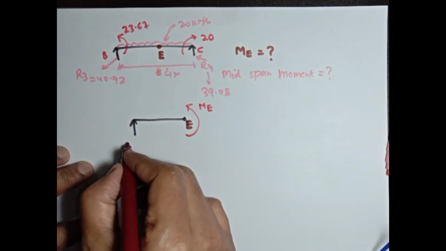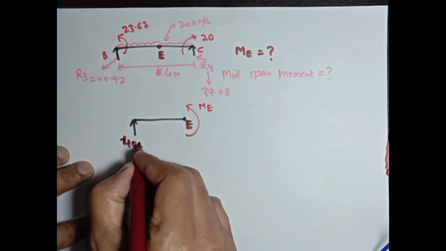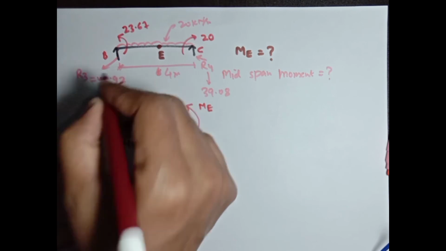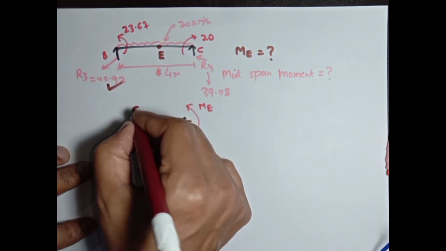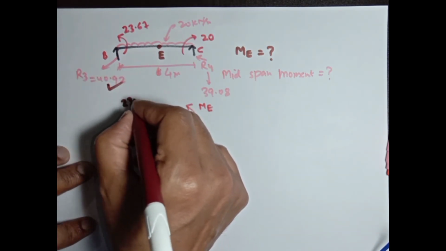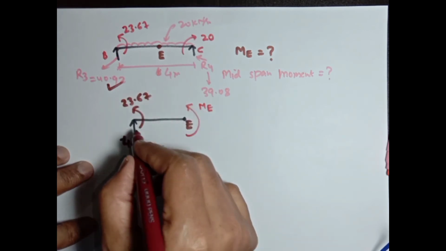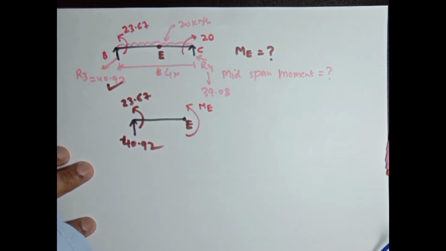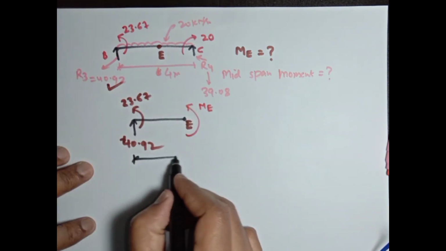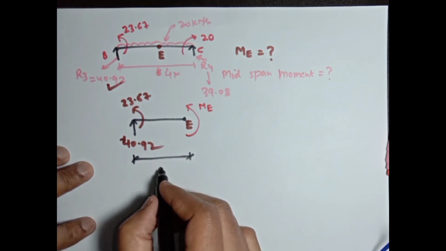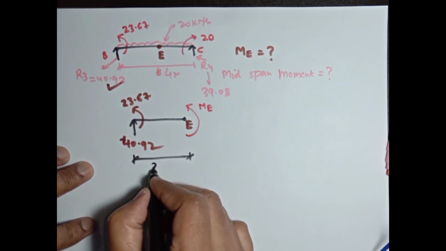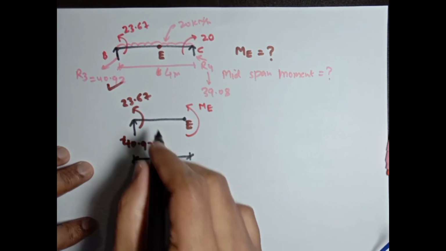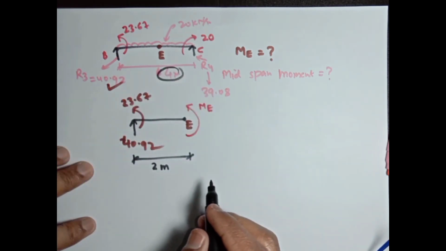Now this reactive force is 40.92 here, and there is an anticlockwise moment of 23.67, and here up to the span of 2 meter. Here at mid span, we are going to calculate the mid span moment. So it is a length of 2 meter here, as it is a 4 meter length of beam.